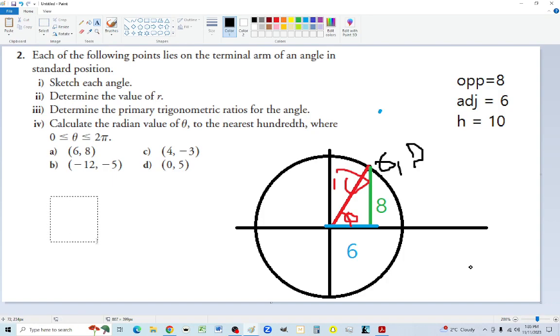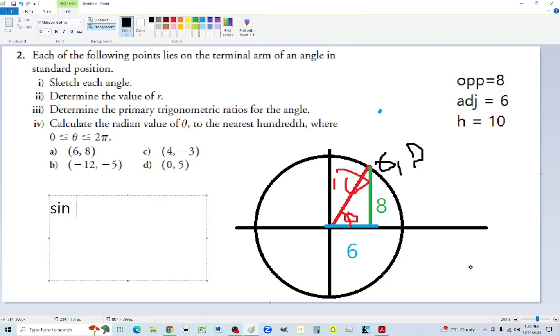If we're talking about the sine of theta, going back to our SOHCAHTOA, it's opposite over adjacent. Well, we know the opposite's 8, the adjacent's 6, so it's 8 over 6, which simplifies to 4 over 3. Oh, sorry, I made a key mistake.